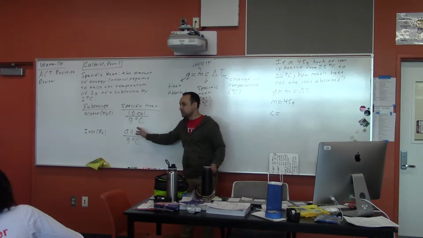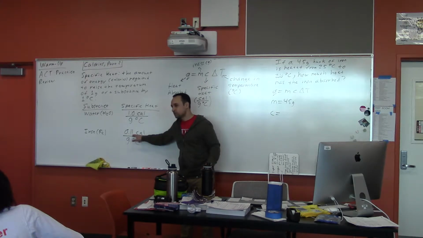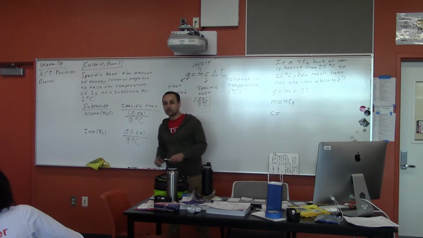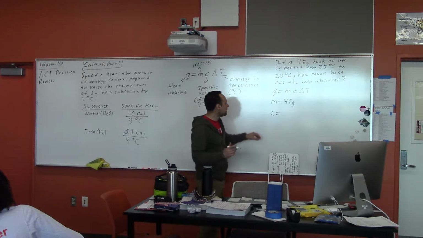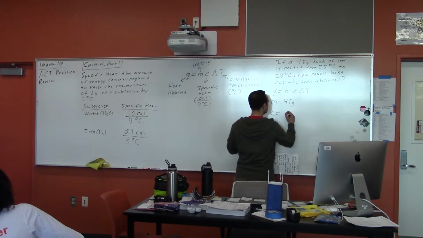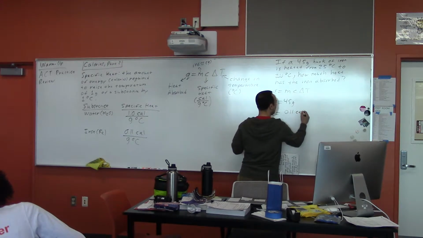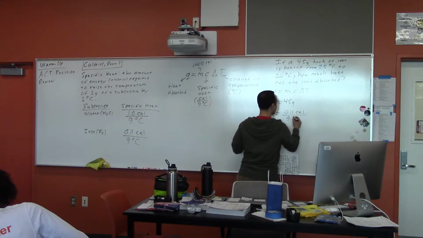Try it again. The specific heat of iron is 0.11 calories per gram degree Celsius. We're getting it. So we write that down: 0.11 cal per gram degree Celsius.